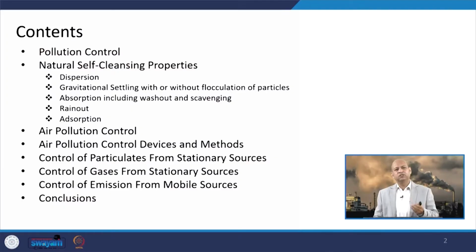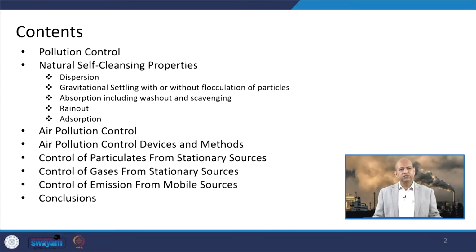So, the contents of today's lecture is like we will first of all discuss pollution control, what it means by the controlling of the pollution, and then we will also briefly overview natural self cleansing properties of the atmosphere. Basically like in river streams we have that capacity, similarly atmosphere also has, and these are like dispersion, gravitational settling, right, then absorption or adsorption, washout, rain out, wet deposition, dry deposition, those kind of things.